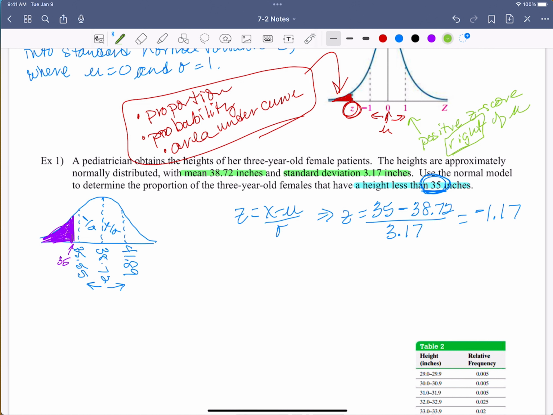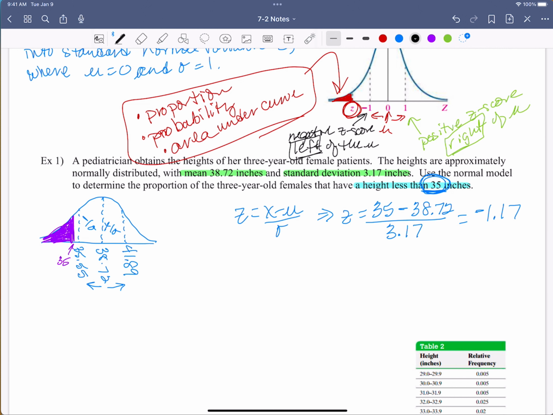A negative z-score just means to the left of the mean. It doesn't have a physical numeric value. All this means is to the right or to the left.